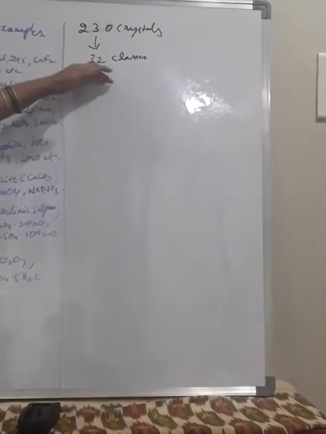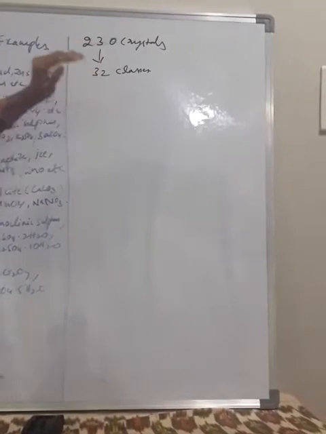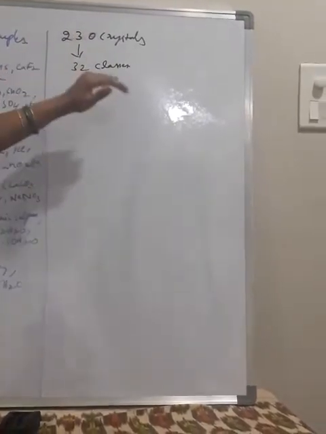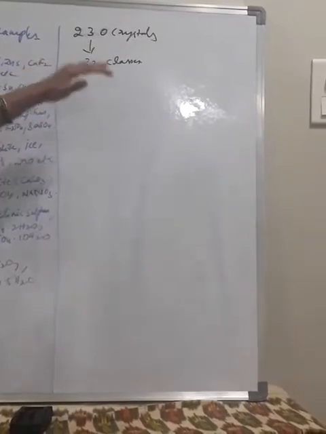And these 32 types of crystals, on the basis of axial distances and axial angles present in the unit cell, are further classified into 7 types. At present, we are following the 7 type crystal system.